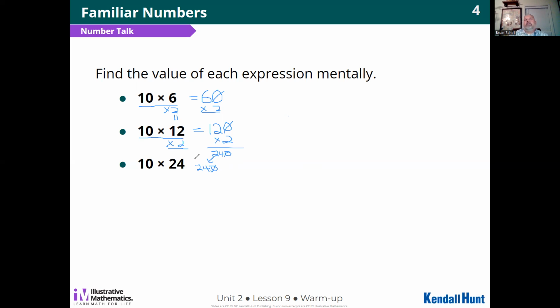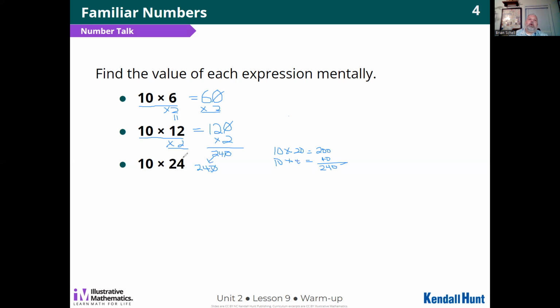Some people, to make it easier, may break this down: 10 times 20 and then 10 times 4. We know that's going to give you 200, and this is going to give you 40. Then you could simply add that up to 240.